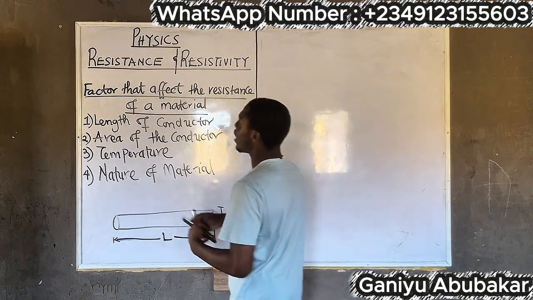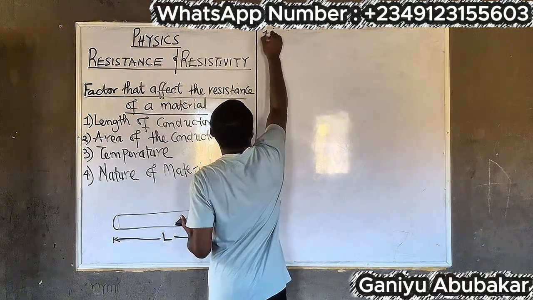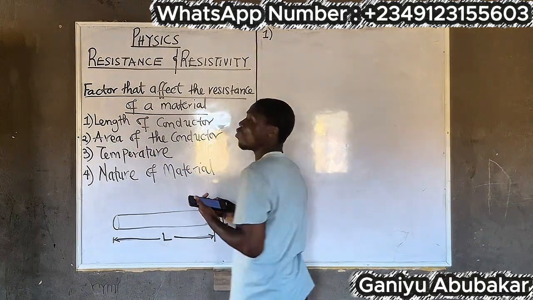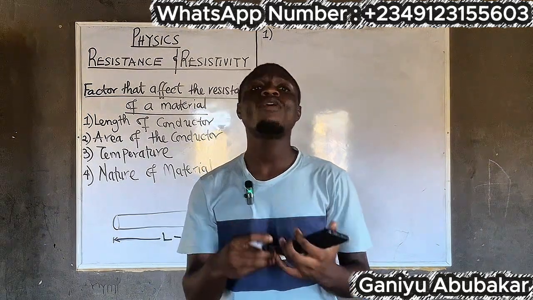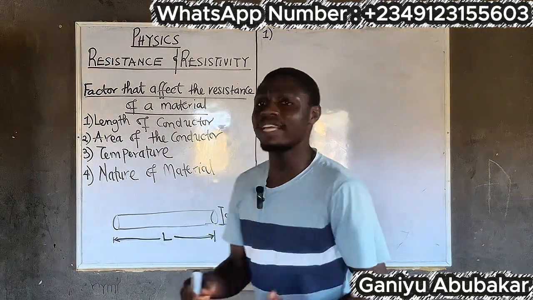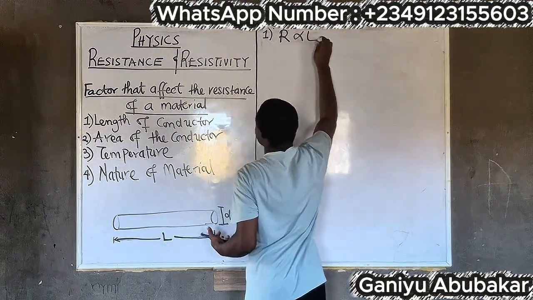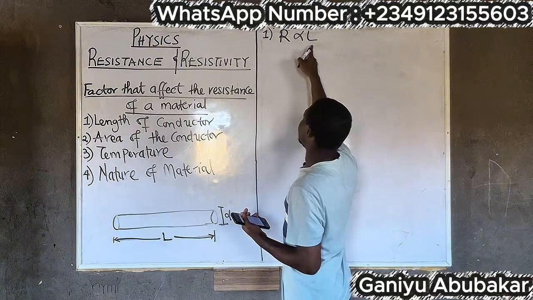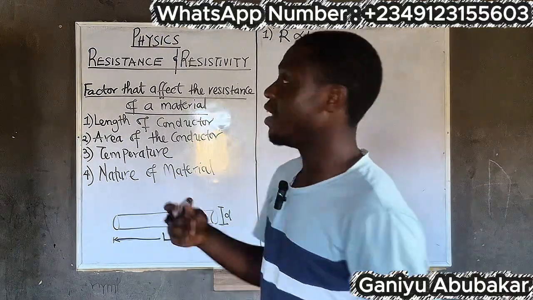Now look at this junction here. For number one, we said length of conductor: the more the length, the more the resistance. So it means that resistance is proportional to length, R is proportional to length.